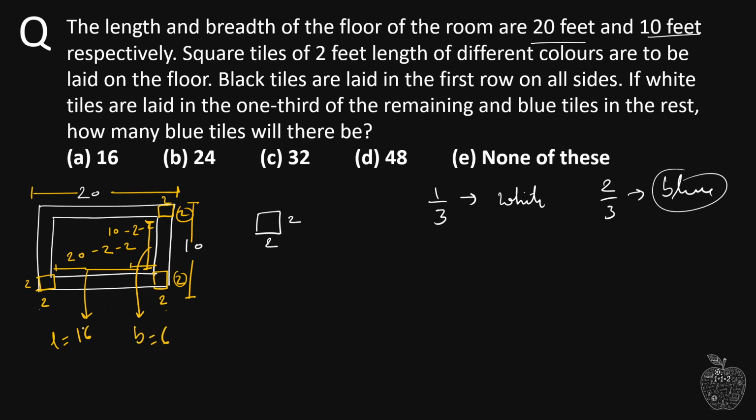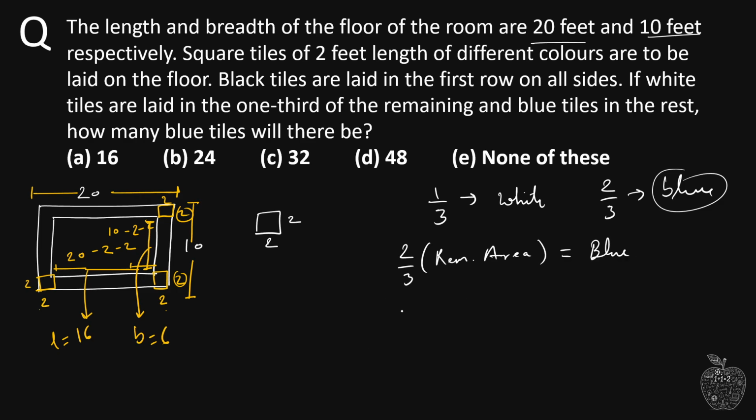So the length and breadth of the remaining portion are 16 and 6 respectively. Now we have to find out how many blue tiles there are. We know that 2/3 of the remaining area is laid by blue tiles.